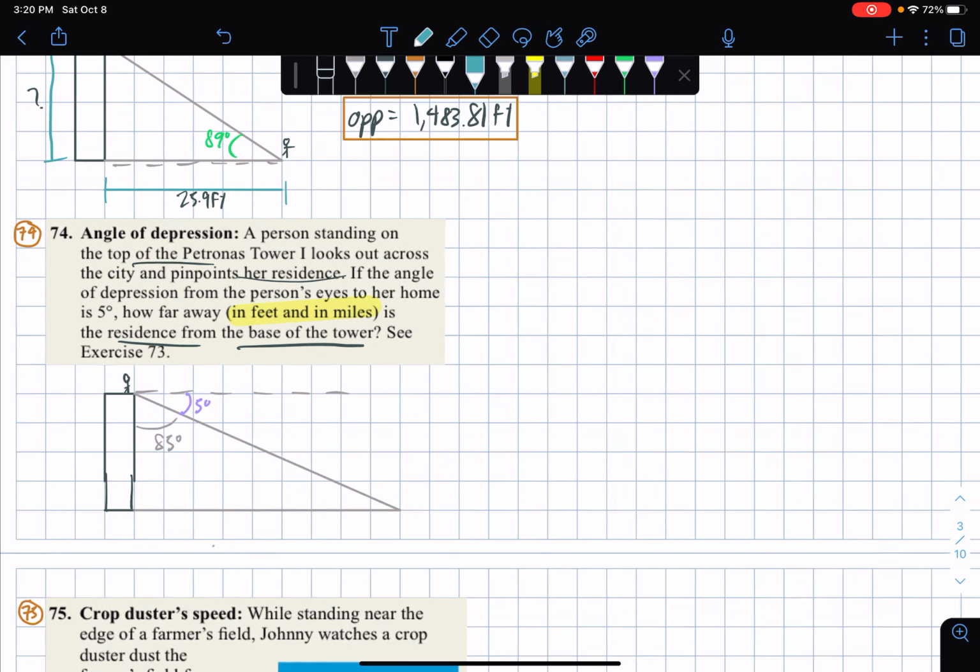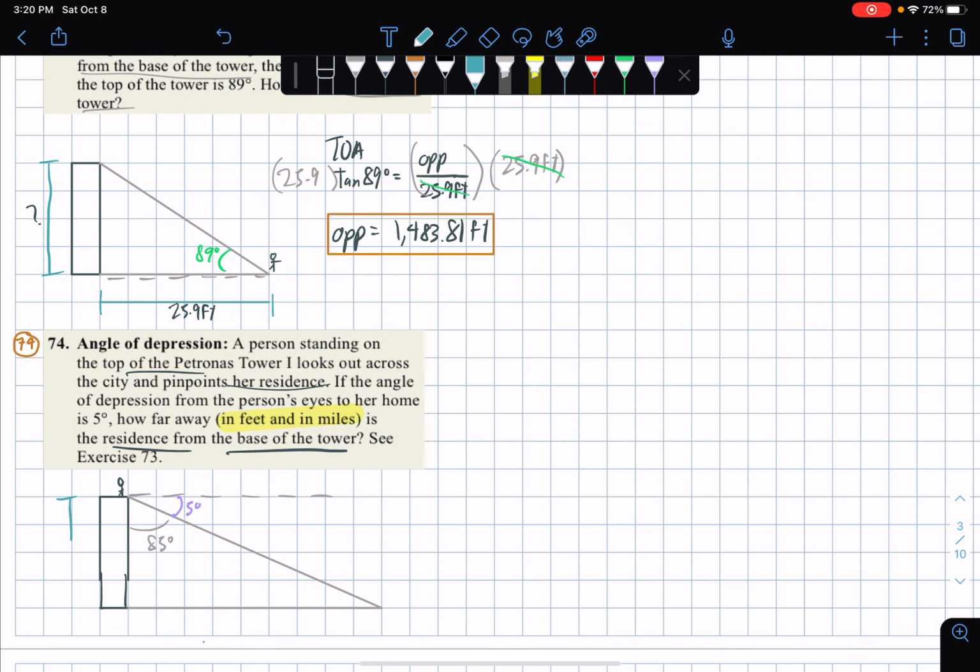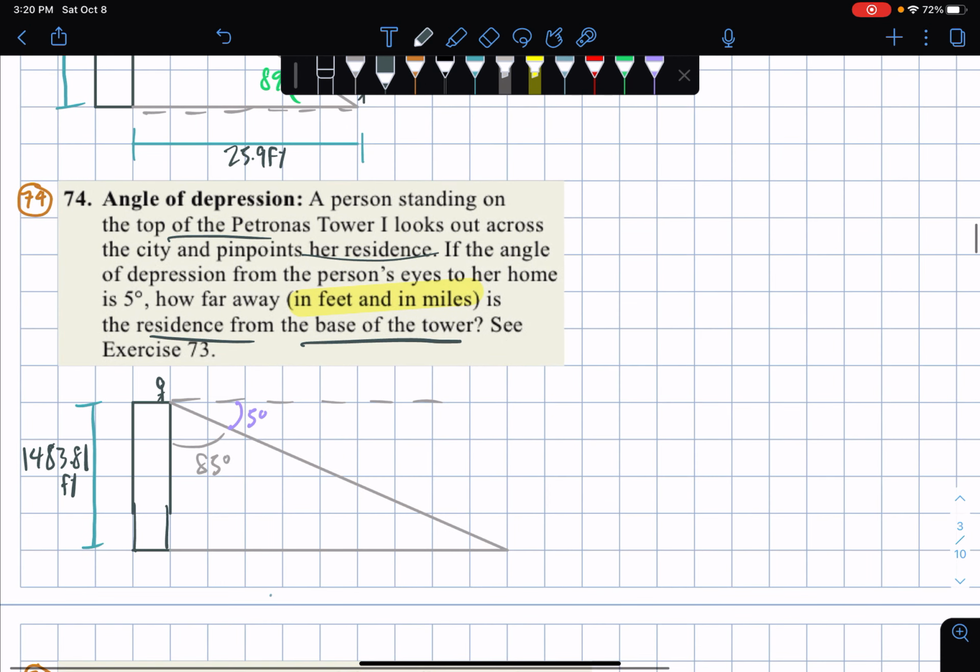We know that the height of the Petronas Tower is 1,483.81 feet. So what we're looking for is the distance of the residence from the base of the Petronas Tower. So let's assume that this is the residence. This is the distance that we're looking for.